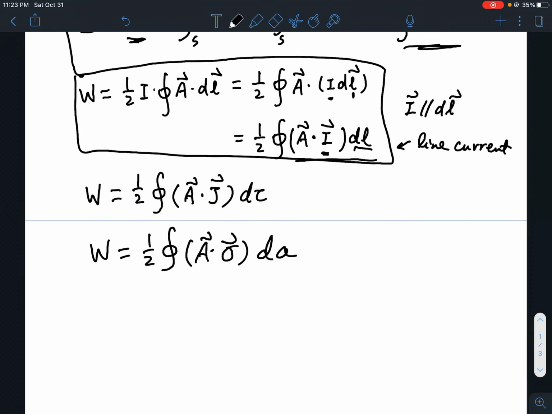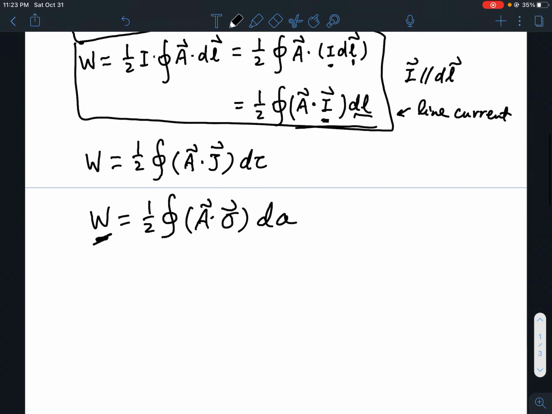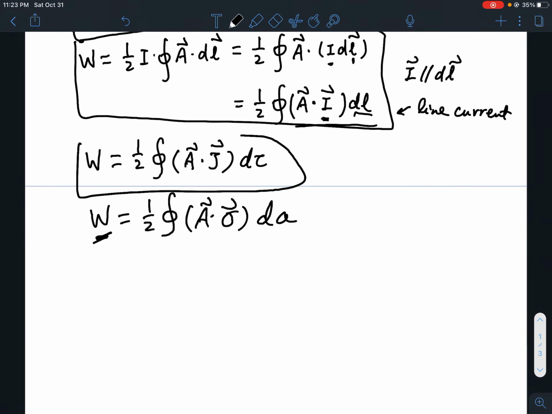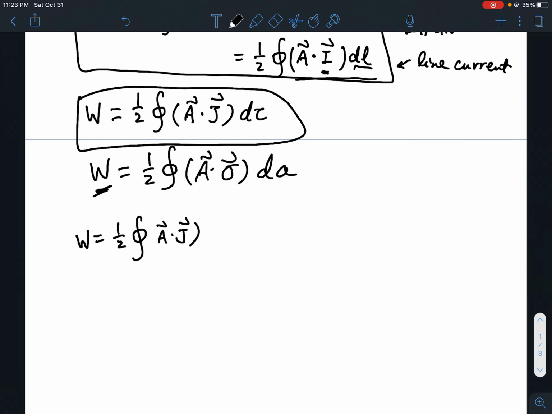We can really write down this work entirely in terms of the magnetic field. The way to do this, let us look at the volume current. So we have W is really the integral of A dot J d tau.